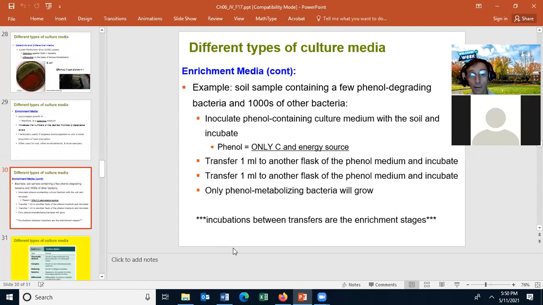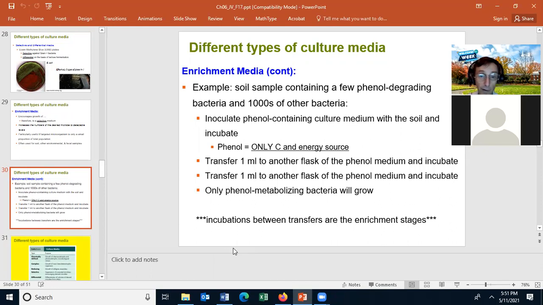An example of an enrichment media is when we're looking for a phenol-degrading bacteria from the soil. There will be very few phenol-degrading bacteria in the soil, so streaking it out would be pointless. But what we could do is take a sample from the soil and then put it in an enrichment media where the only carbon source available to the bacteria is phenol, and that will enrich for phenol-degrading bacteria.